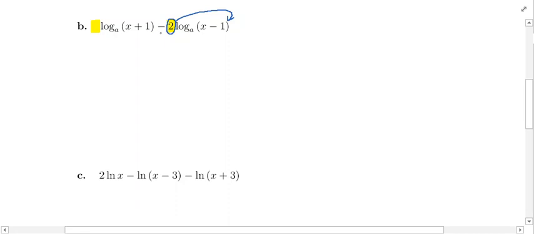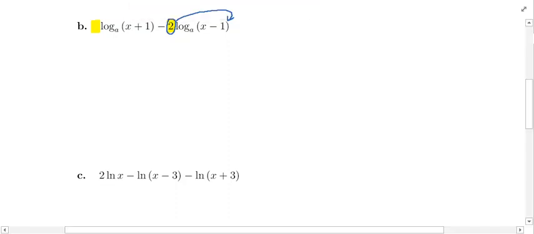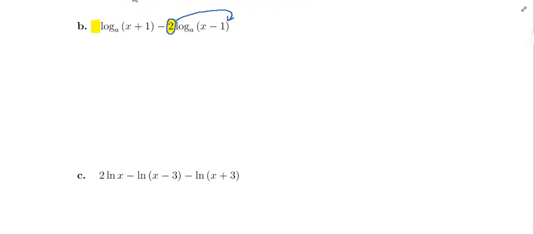Now you may be wondering, can I take the negative with it and make it negative 2 as my exponent? And the answer is no, do not do this. Why? First of all, we don't like negative exponents. And second of all, if you flip back to page 1 with all the properties, think about what's going on here. You're subtracting two logarithms.